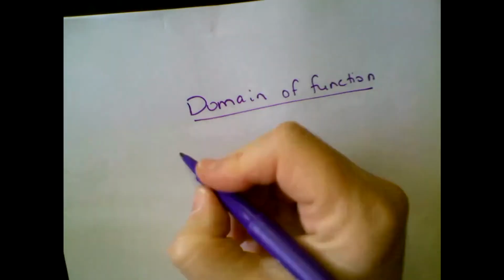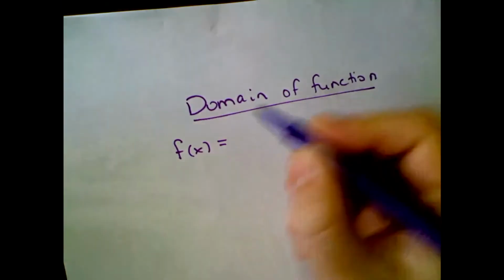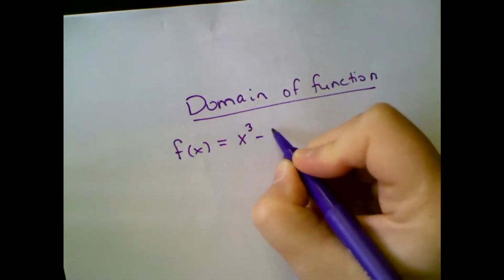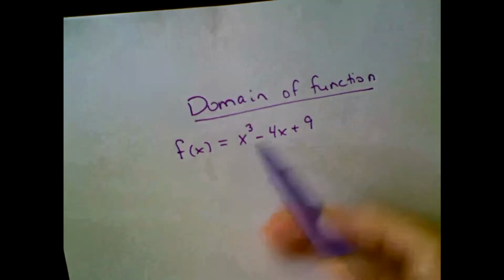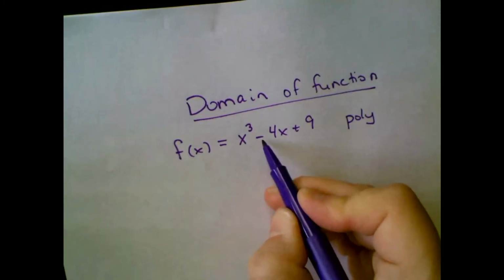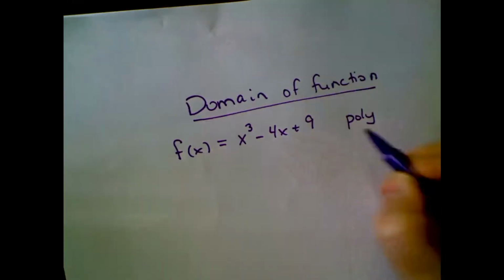So just looking at three very basic functions, we might look at a polynomial function, maybe x cubed minus 4x plus 9. A polynomial function would be the sum or difference of terms, each term just being a product.